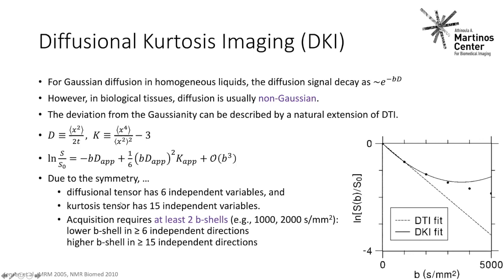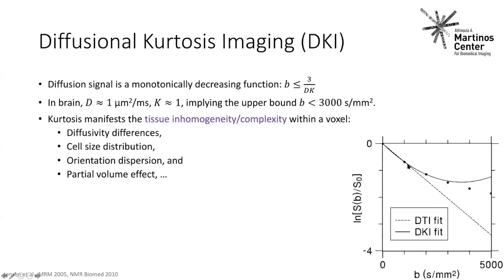So in other words, if we want to do DKI, we need to obtain at least 2 b-shell data. We usually use like 1,000 and 2,000. And the lower b-shell needs to be acquired in more than 6 independent directions, and the higher b-shell in more than 15 independent directions. And we can see the diffusion signal is a monotonically decreasing function.